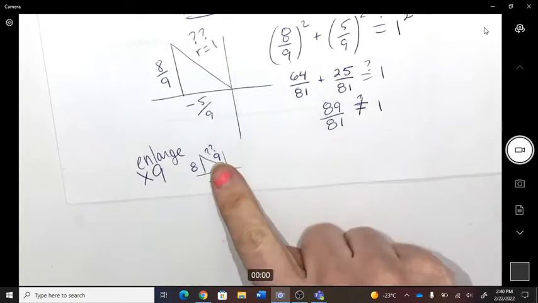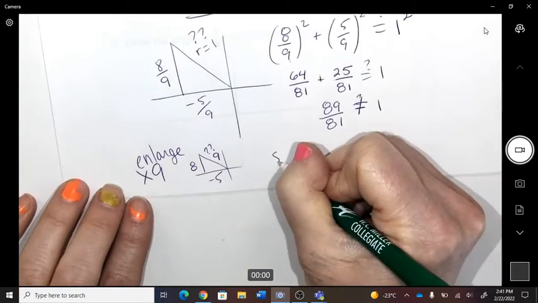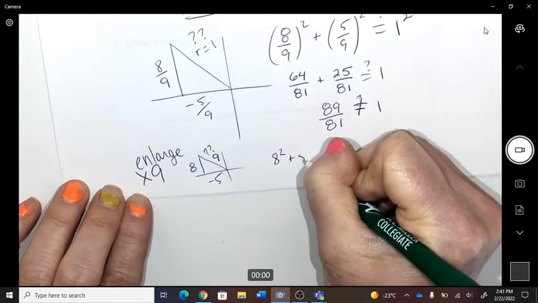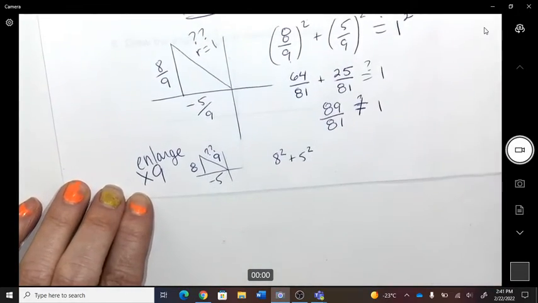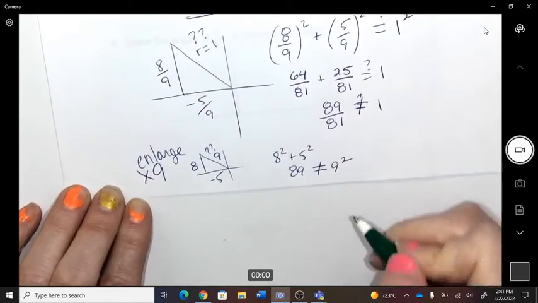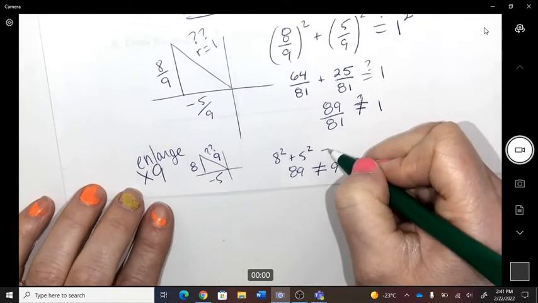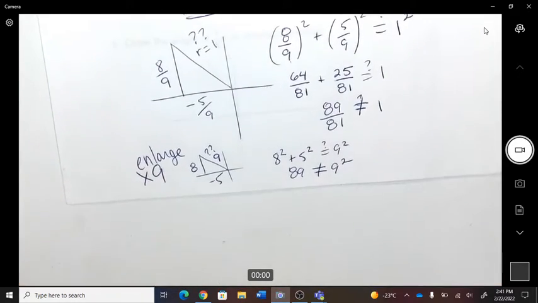If you enlarge the whole thing, then you'd be trying to prove that it's 9 instead of 1. So 8 squared plus 5 squared is 89, which is not 81. Okay? So you're trying to prove that the radius is 1.